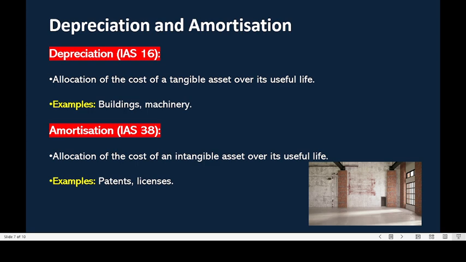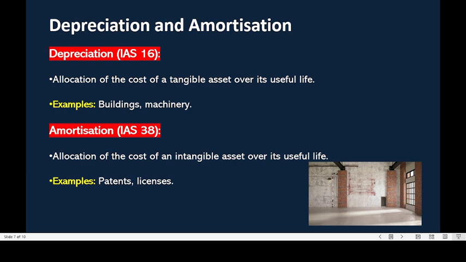Amortization, under IAS 38, applies to intangible assets such as patents or licenses. It's calculated similarly to depreciation, spreading the cost over the asset's useful life. Using these methods ensures that the cost of the asset is matched with the revenue it helps generate.